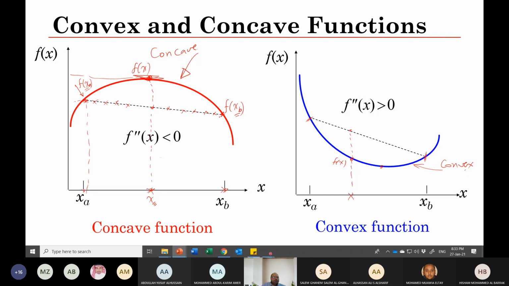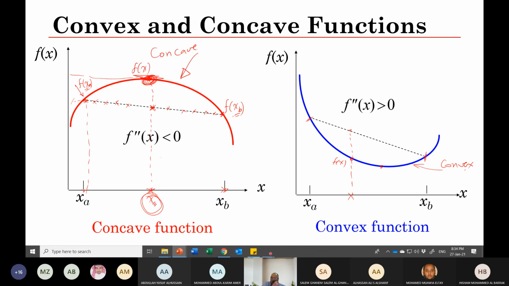Am I right? Yes. So the value of the function at x, which is the interpolation between XA and XB, is here. And the value of the interpolation is here. So the value of the function at x is greater than the interpolation between f of XA and f of XB.